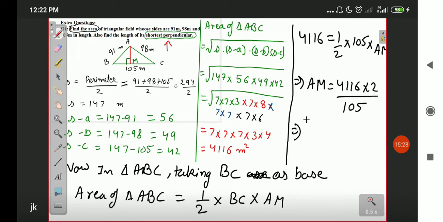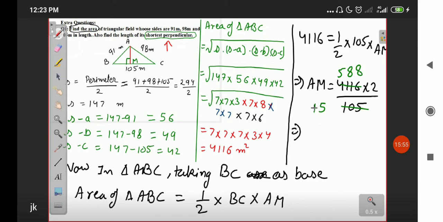So 105 is 15 sevens. First of all, let's start with 7. 7 1 is 7, 8, 9, 10, 7 5 is 35. Then 6, 7 8 is 56.